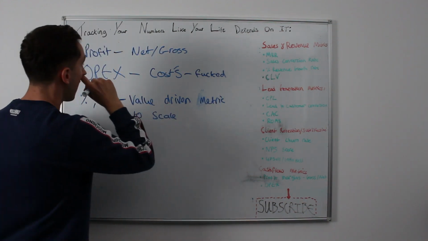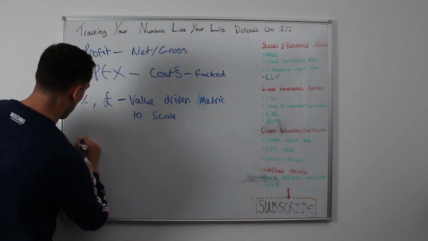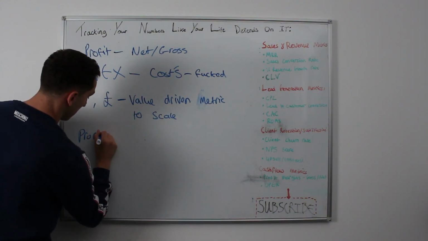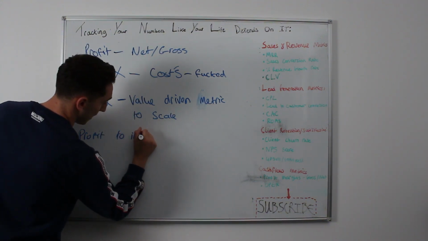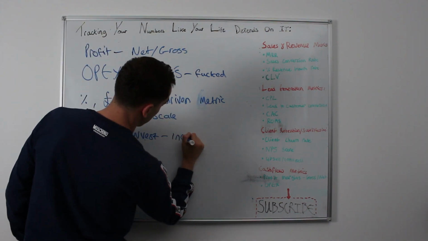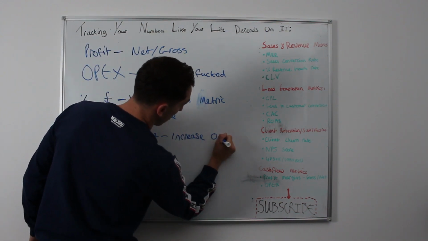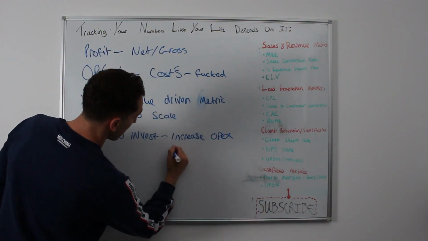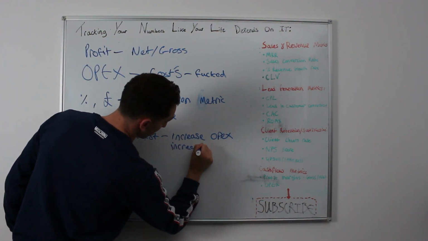Because if we understand what our profit margins are, we can use that profit to invest in the right direction, which is going to increase the OPEX, but also increase the revenue.